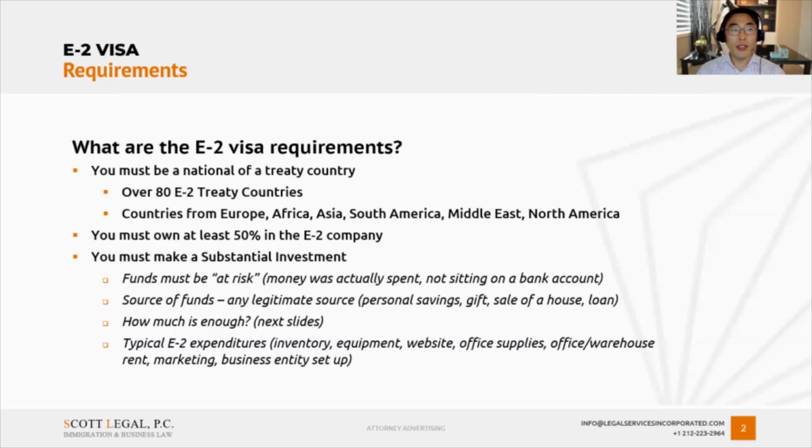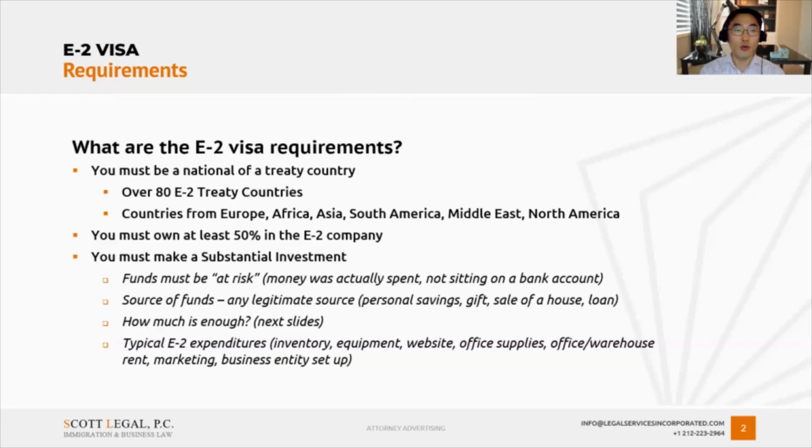So, what are the E2 visa requirements? E2 visa is based on a treaty agreement between the United States and a foreign country. And currently, the United States has signed agreements with more than 80 countries. The list of E2 countries occasionally changes, but not that often, like every few years.